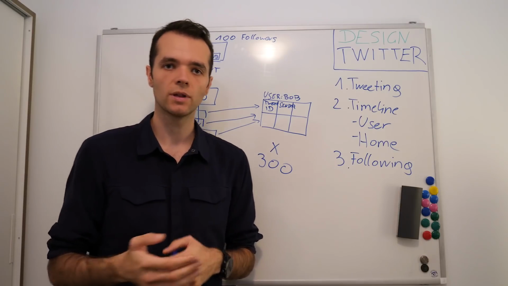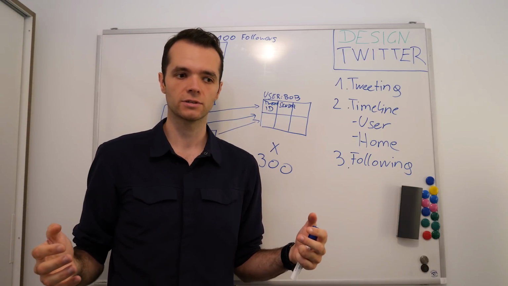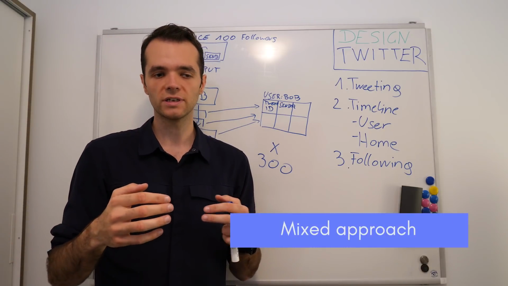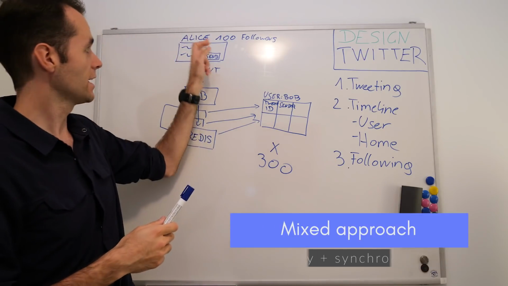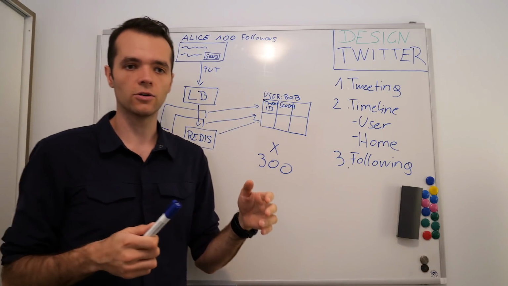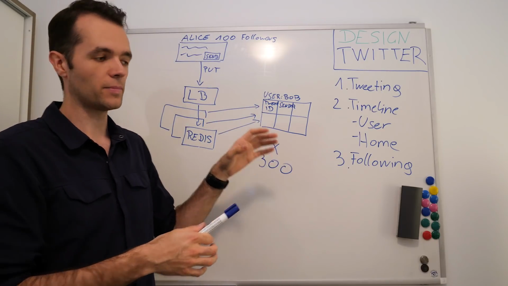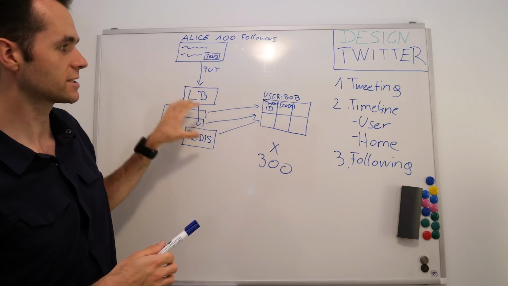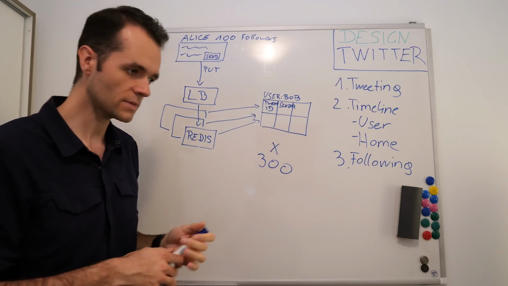So to solve this problem with a couple of users who have millions of followers, you could incorporate the SQL approach. So let's say Alice and Bob both follow Justin Bieber and a couple of other people. But if Justin Bieber tweets, this is not happening when, for example, Bob accesses his timeline.